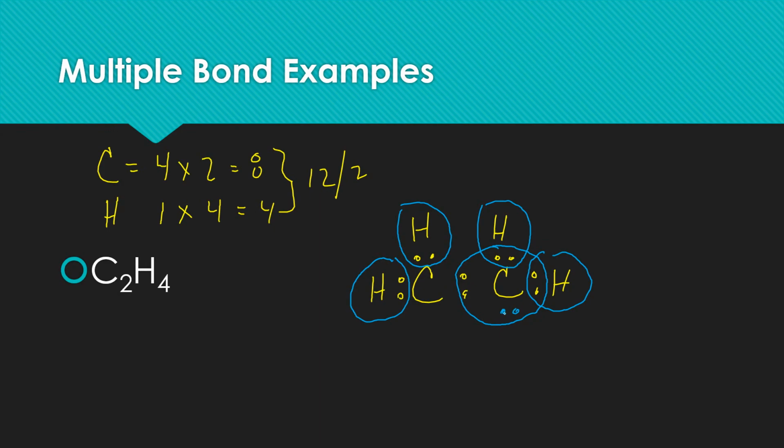So what I'm going to take is these 2 electrons I added last, and remove them, and I'll put them in between the 2 carbons. It's still in the blue circle for this carbon, but now it can be in the circle for this carbon too. And this is the structure for what's called ethene. It looks like this: carbon, double bond, carbon, H, H, H, and H. That's ethene. This bond here is a double bond.